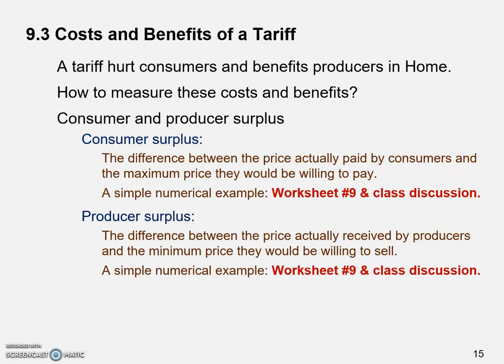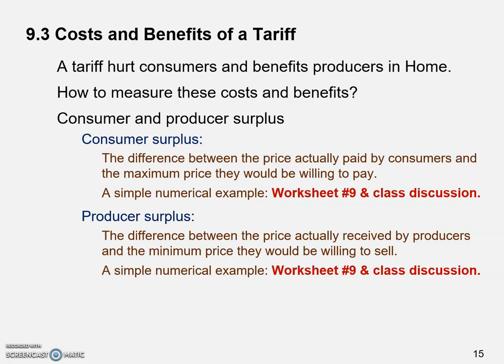But it doesn't mean that's the lowest price they could go, right? If the price is lower for some reason, you still find these drink producers are still selling, right? So the minimum price they would be willing to sell would be lower than the market price.